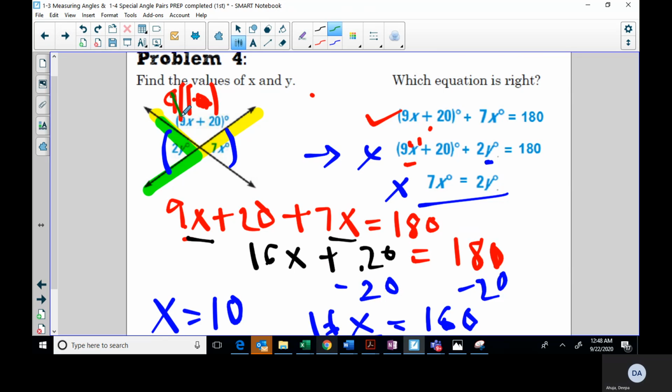One second, let me get it erased and then we'll get it out.